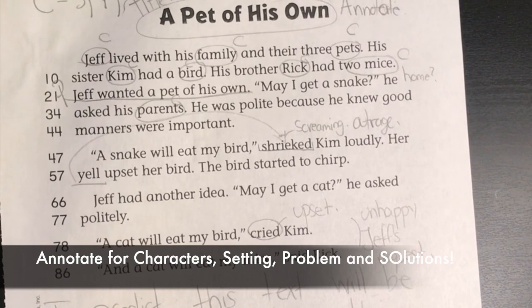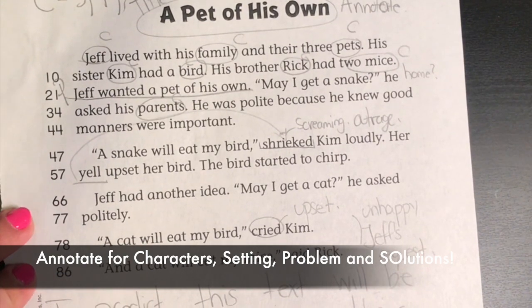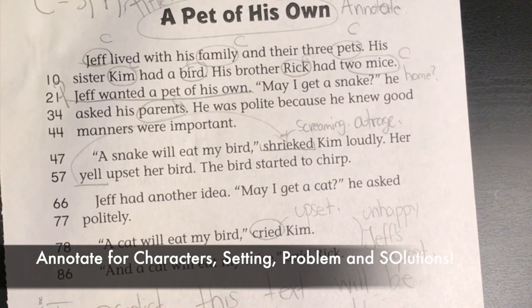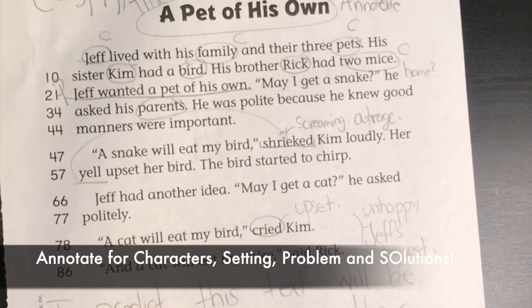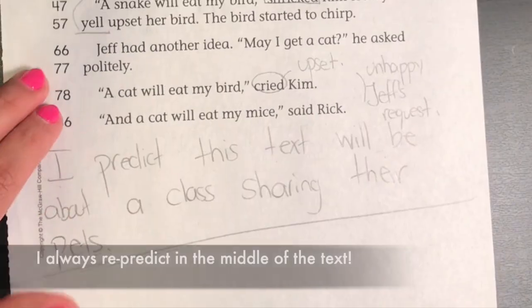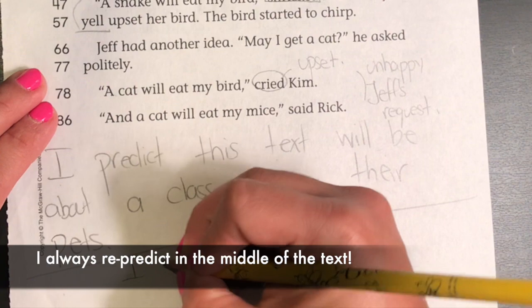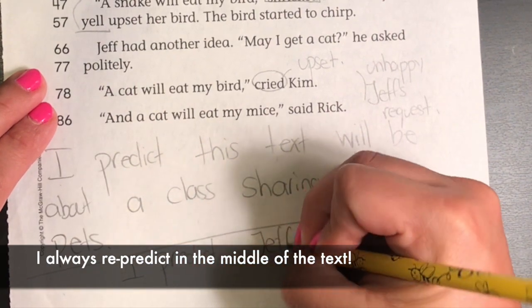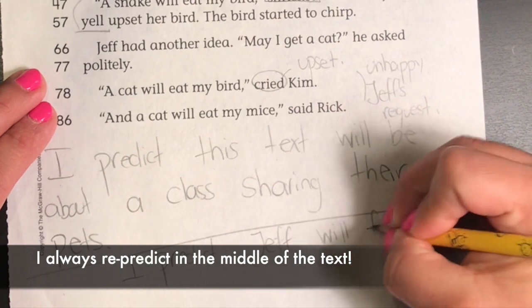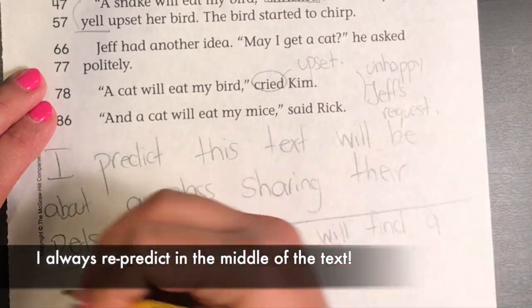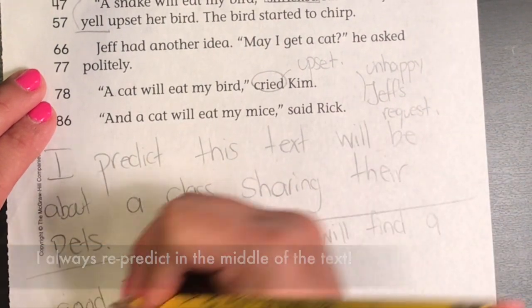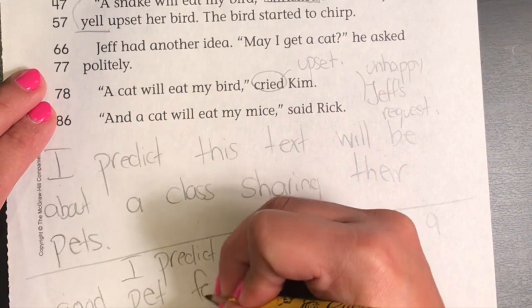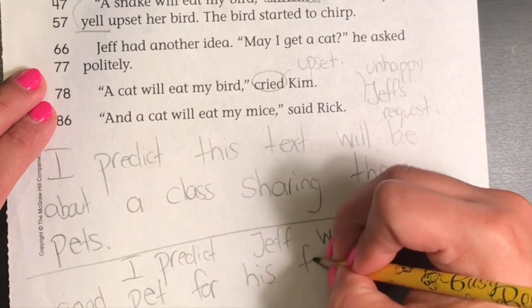Now that we read this part, I want to write another prediction before we read the back part of the story, okay? I predict Jeff will find a good pet for his family.